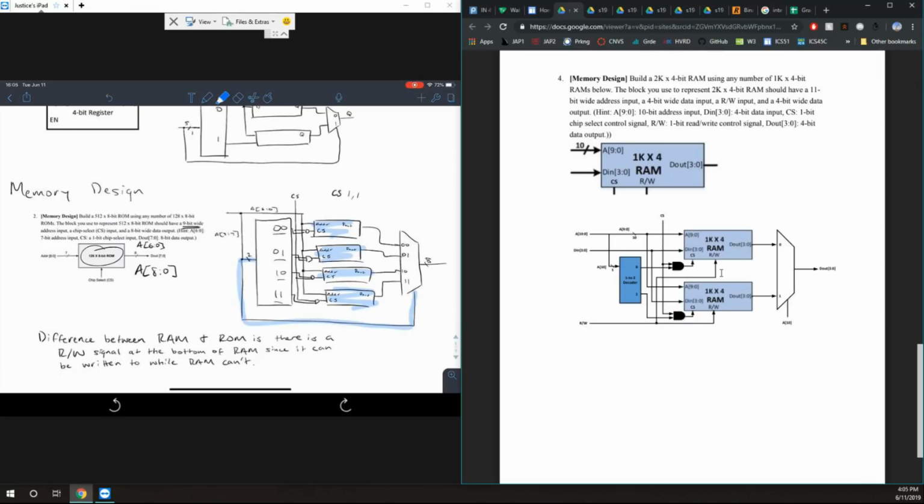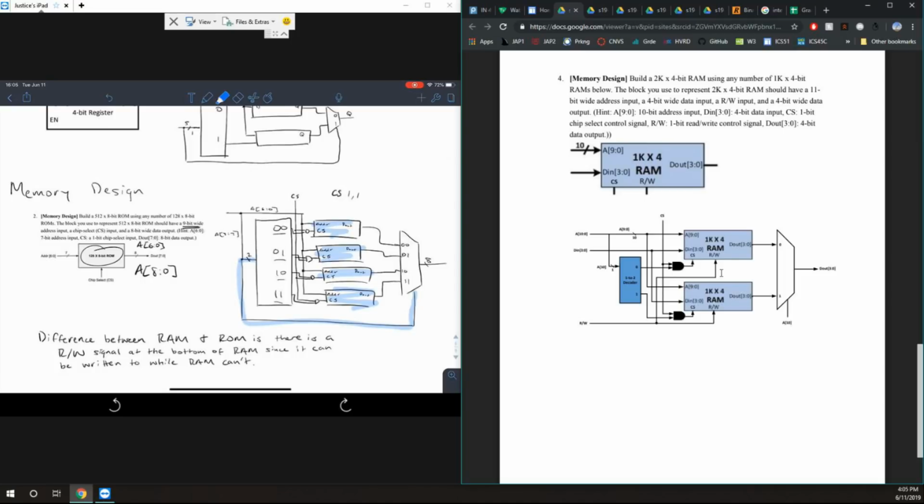Is everyone kind of good with that, with RAM and ROM? TM, you don't need to worry about SRAM and DRAM, just know RAM. If we do and I lied to all of you, then I apologize, but I'm 99% sure.